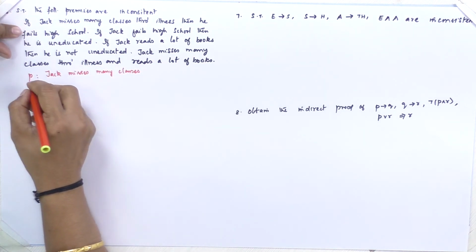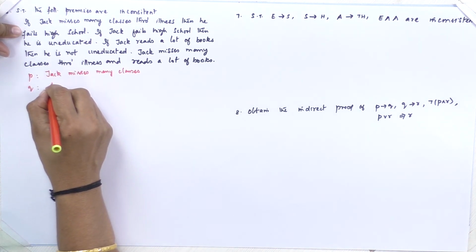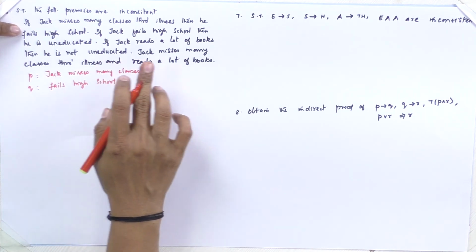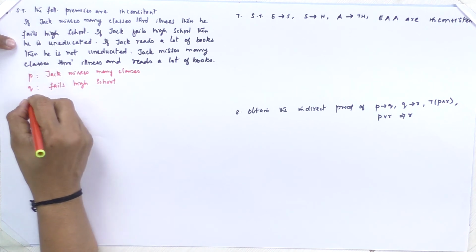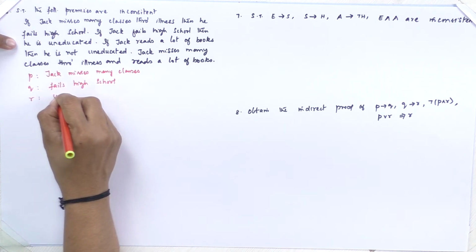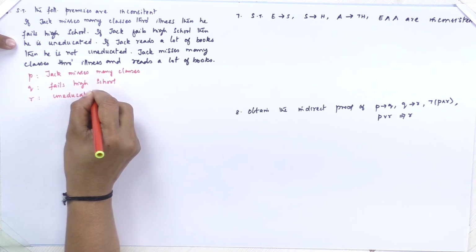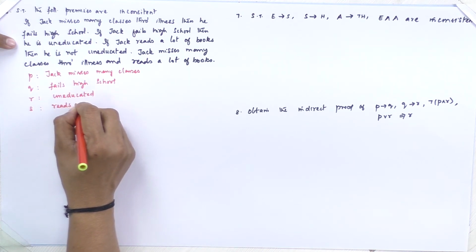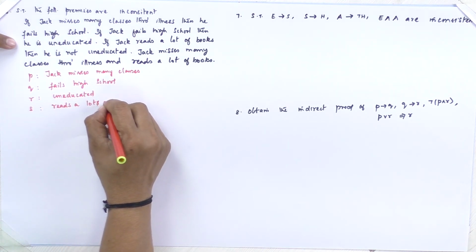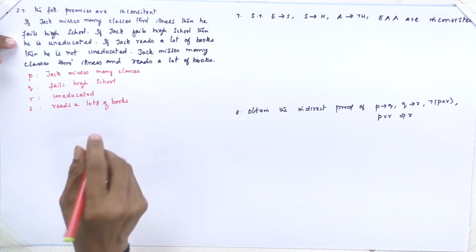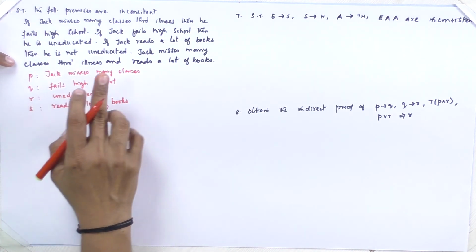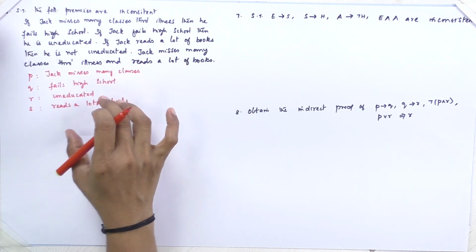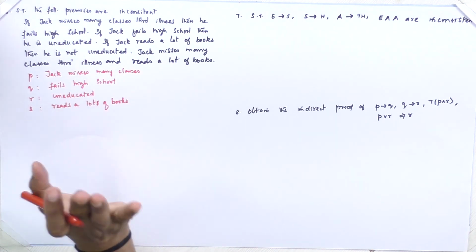Then he fails high school, Q. Then, if Jack fails high school, he is uneducated, R. If Jack reads a lot of books, then he is not uneducated. Jack misses many classes through illness and reads a lot of books. Everything pertains only to Jack, so I am not mentioning names anywhere, only at the beginning. All the keywords are identified and assigned variables.